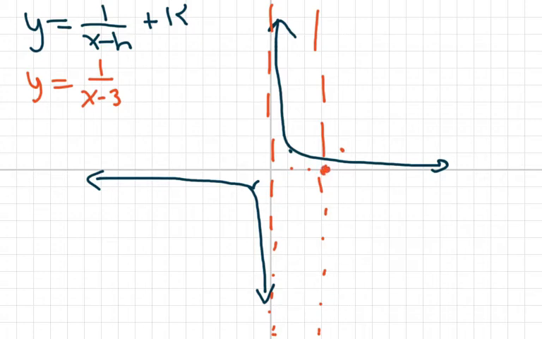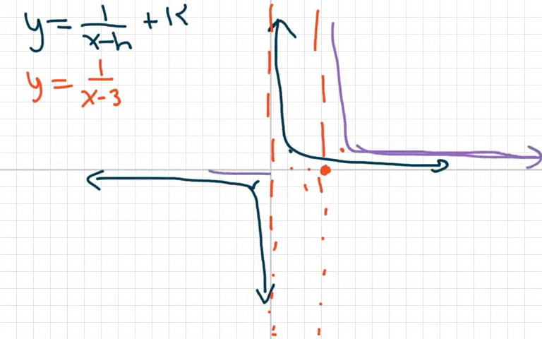So this is my new origin here. Go down. So it's going to be more like this. Keeps going down. And it's going to go down this way. That's your horizontal shift.